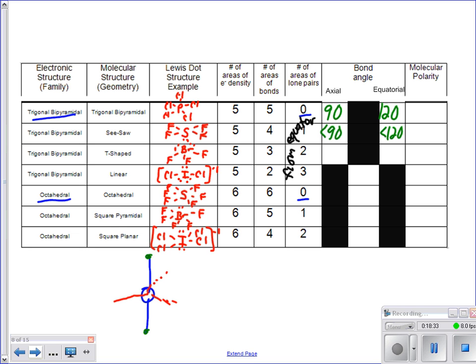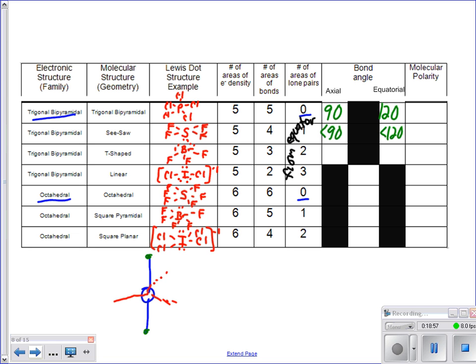Okay, another one of those atoms comes off, and it comes off from that equator. So now in this case, what does that look like? That's a T. So we have a T shape. And in that T shape, we've got these two lone pairs that are really repelling the atoms, everything else.